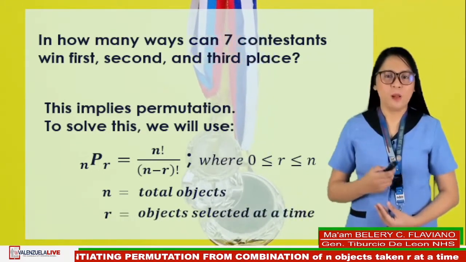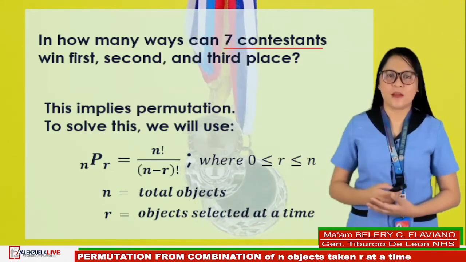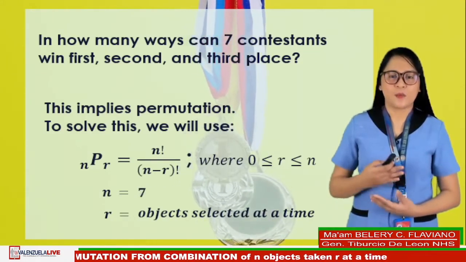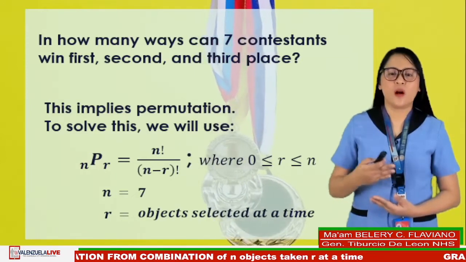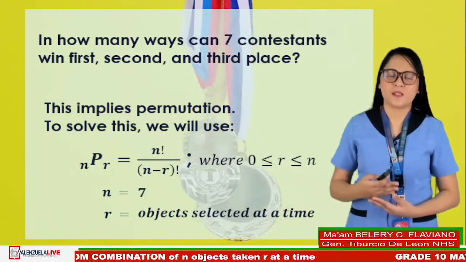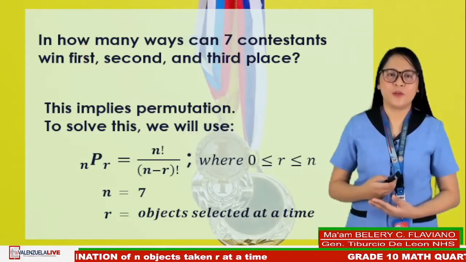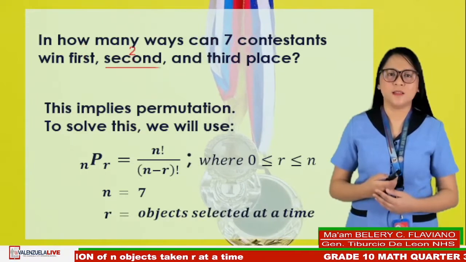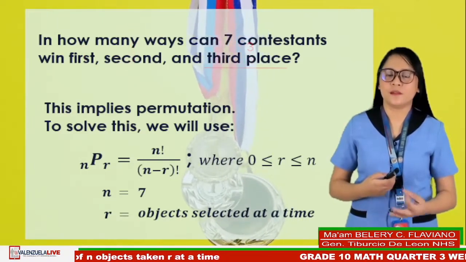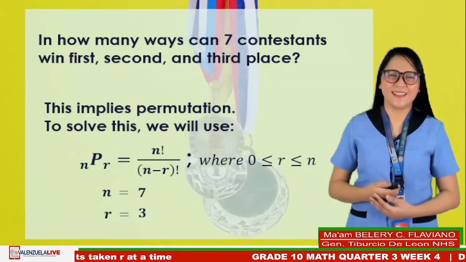In this problem, the objects are the contestants. So we have n equals 7. And for our r, those are the awards that can be won by the 7 participants or contestants. Therefore, we have first, so that is 1, second, 2, and then third, 3. r is equal to 3. Okay? Let's proceed.